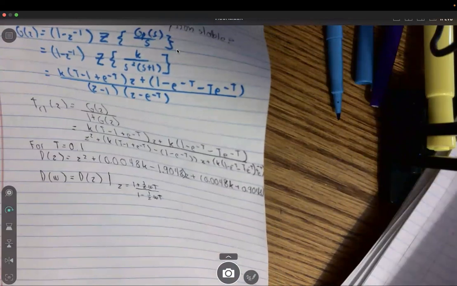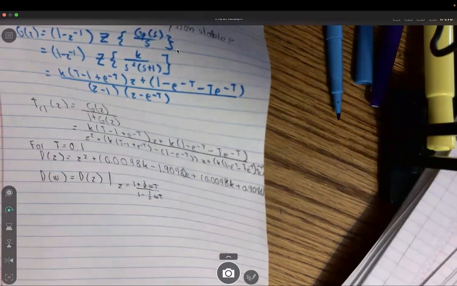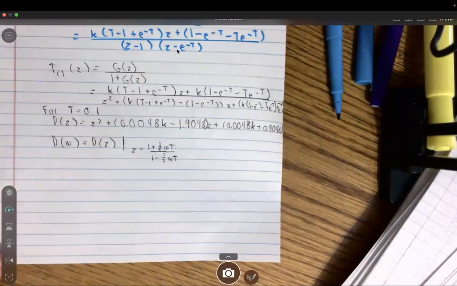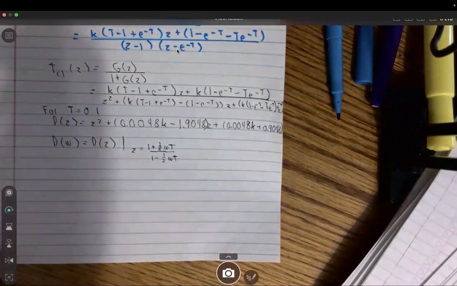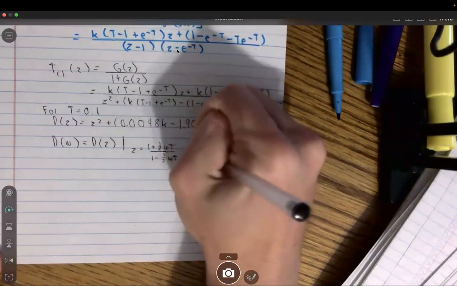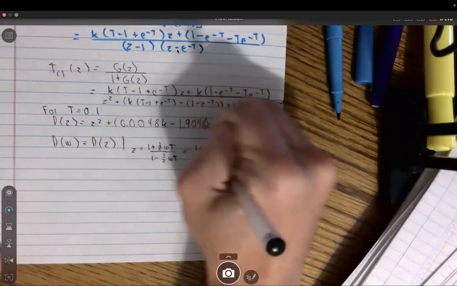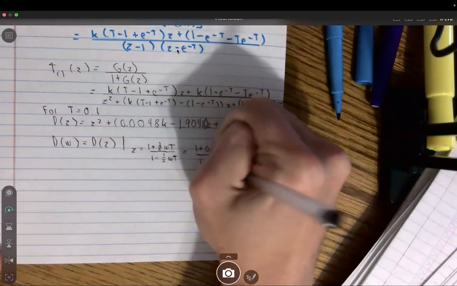And what you can do to help simplify it is, we already know that our T is 0.1. So this is (1 plus 0.05W) all over (1 minus 0.05W).